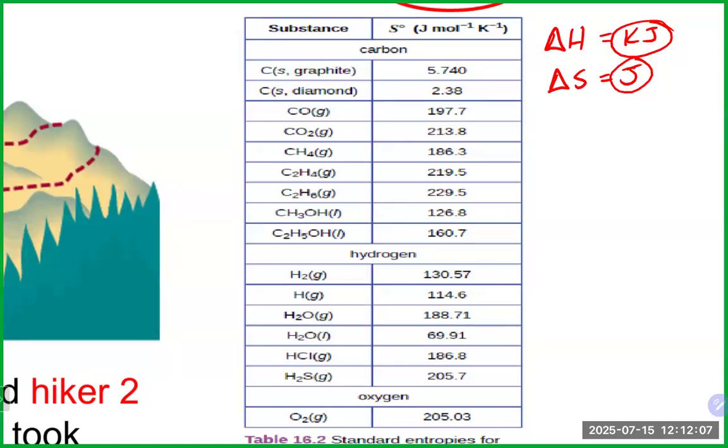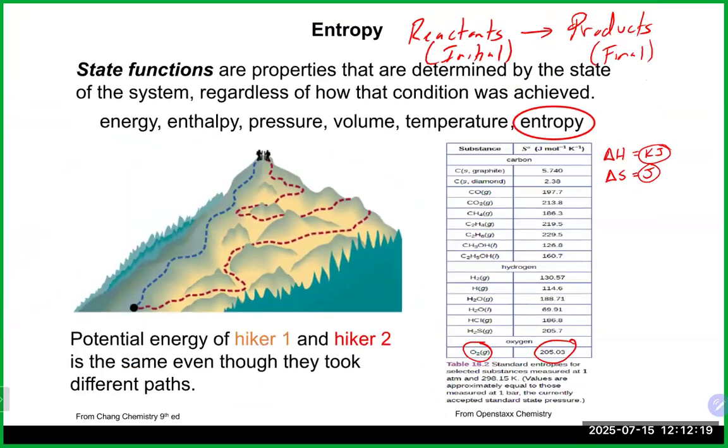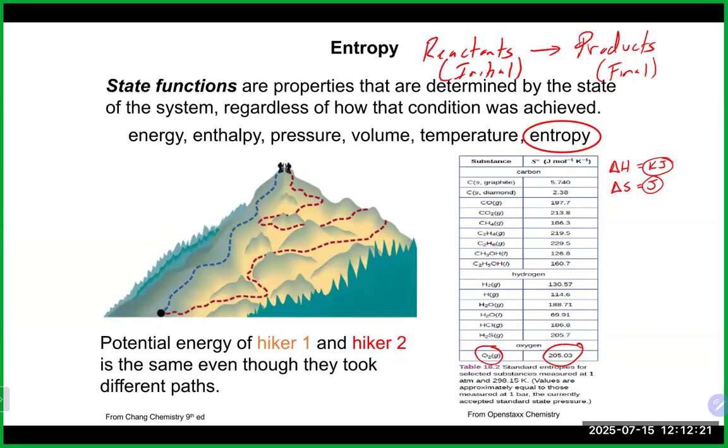For entropy, you will actually find values for things like that. As you can see here, something like O2, you will actually find a value for it in the table. Also different, the entropy values you find in the table are all positive values, as opposed to delta H's, where we saw some are negative and some are positive.